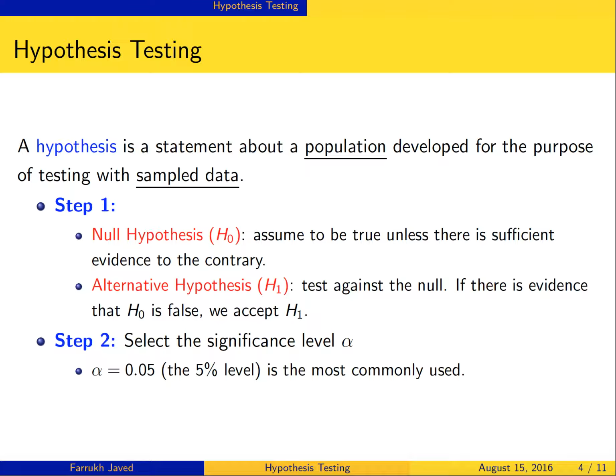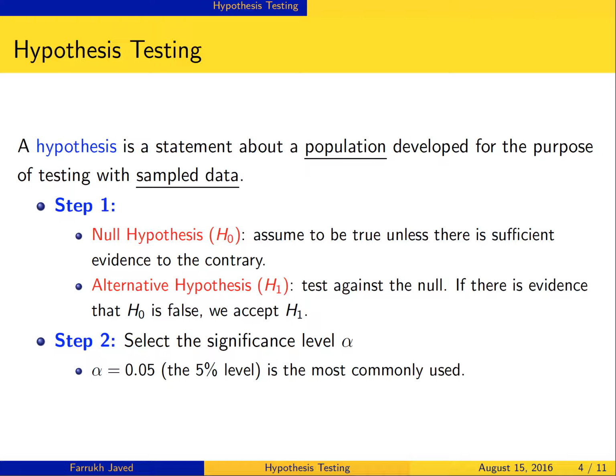But if we do not know anything about these specifications, we just say that it's not equal, to be on the safer side. And we will discuss, if we have these three specifications like greater than, less than, or not equal, what kind of implications it can have on our test statistics and also on our decisions. Step number 2, select a level of significance.